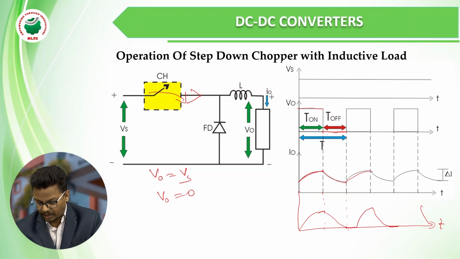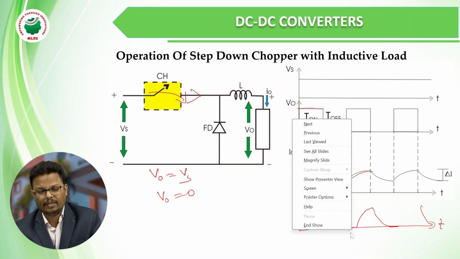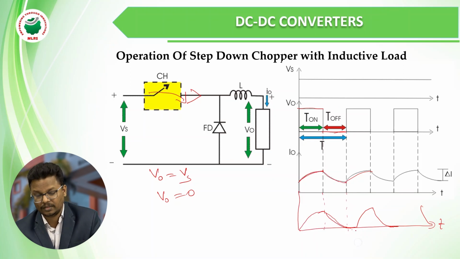Here we observe the waveform reaching 0 and we are getting the output current as 0. When the output current is 0, that is called discontinuous mode. Here the current is not becoming 0, but here the current is becoming 0. So this is the continuous mode and this is the discontinuous mode.